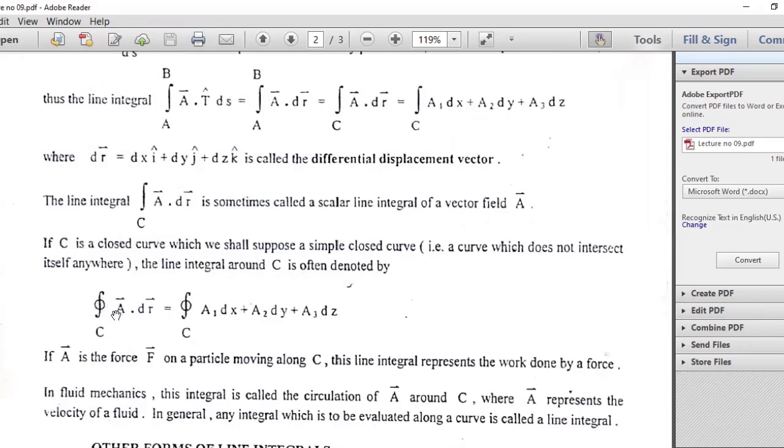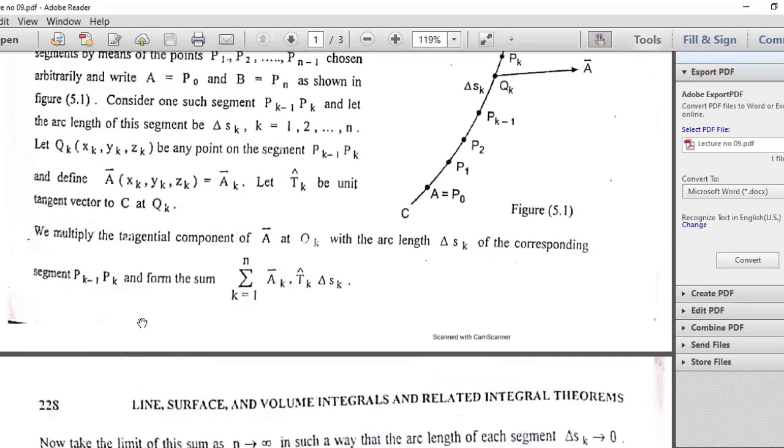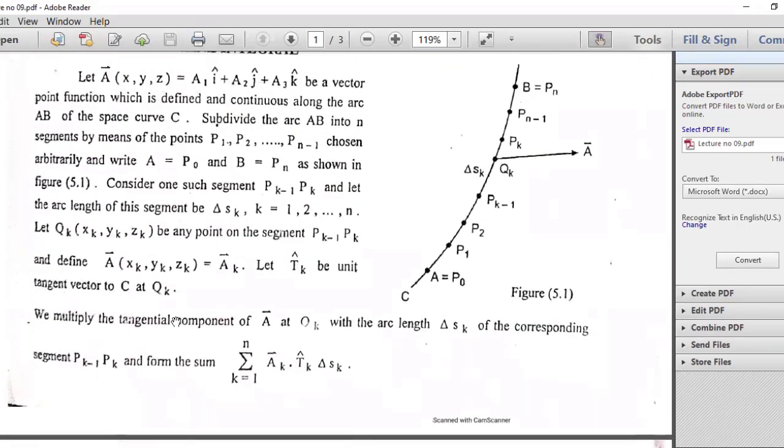This circle shows that the curve is closed. For example, from point A to B this is a closed curve, but if I continue this curve C and so on, then the curve is not closed.